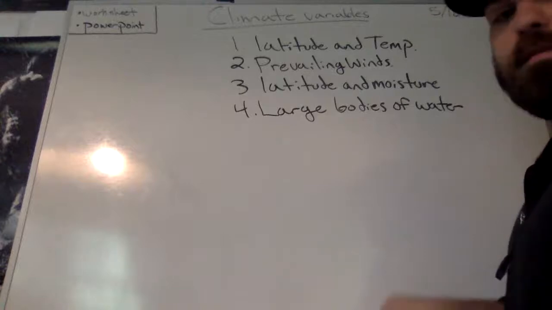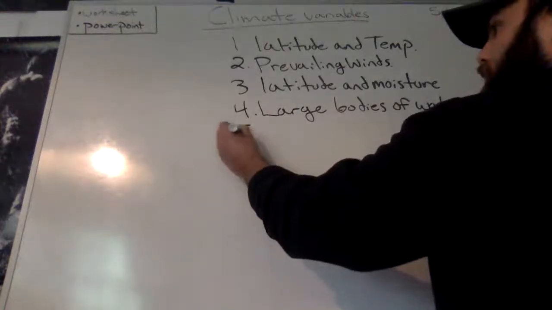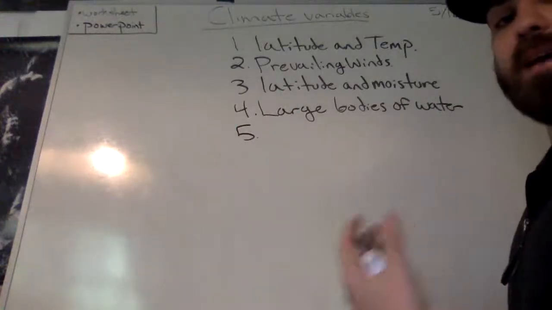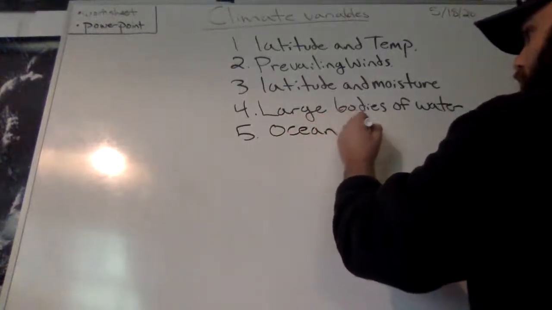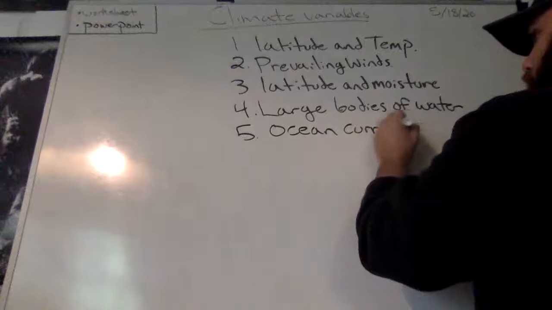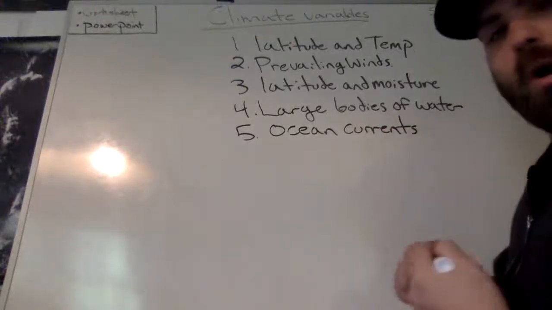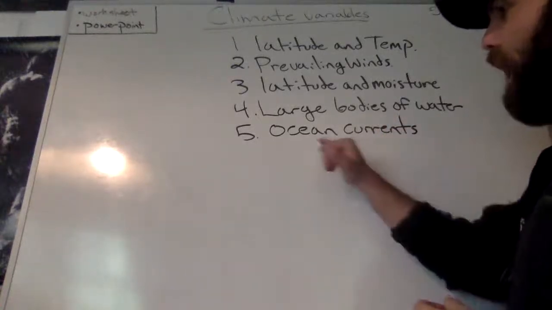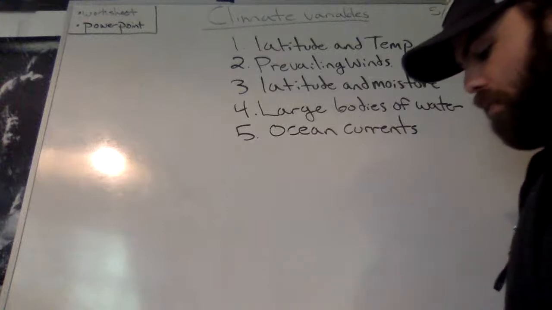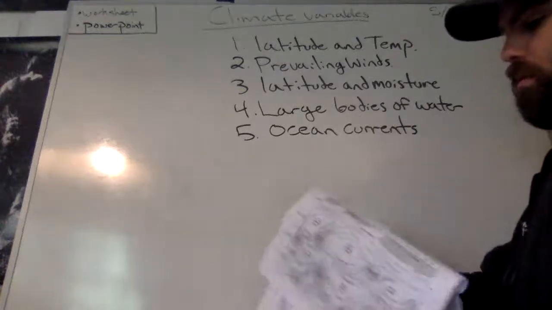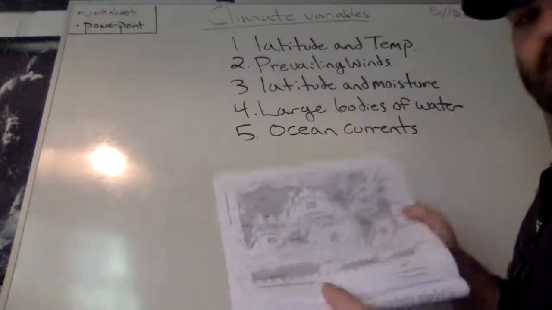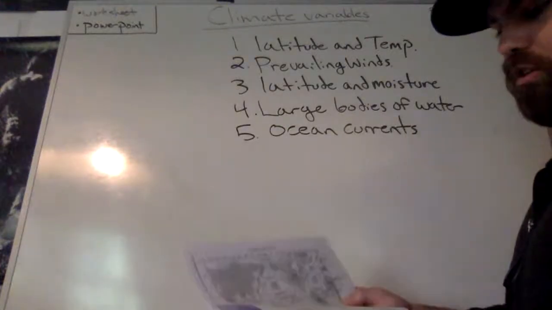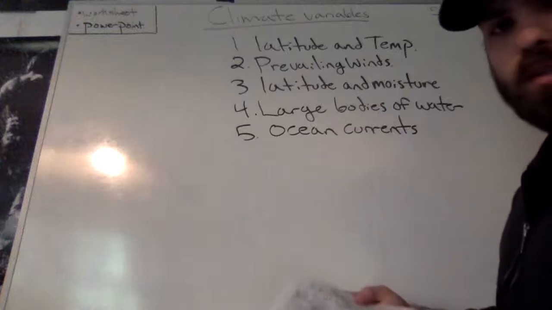The other thing that affects us with our climate, and again, this could be anywhere in the world, is our ocean currents. So our ocean currents also affect our climate. So we've gone over this part of our reference table, but if you go to page 4, you can actually see some of the ocean currents that affect us.